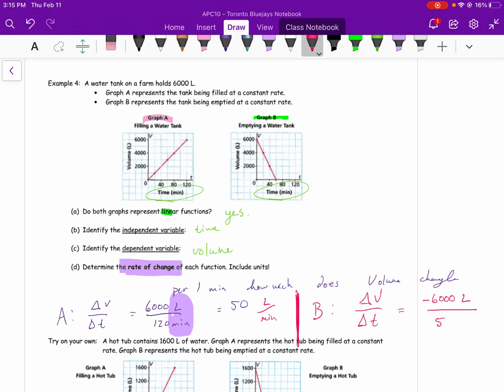And the amount of time is 50 minutes. So again, I take 6,000 divided by 50, and what I get is the rate of change is minus 120 liters per minute. That is, I lose 120 liters in 1 minute.